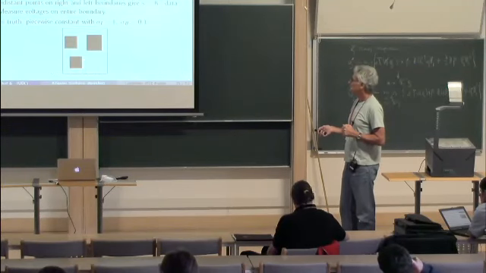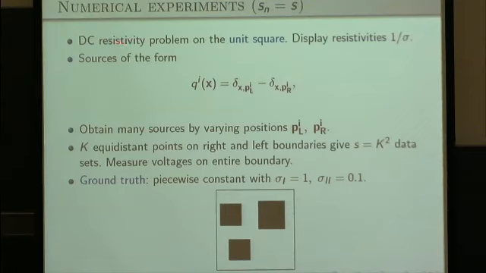So let me show you how it works. This is a DC resistivity problem on the unit square. We have poles on the right and left walls, and the sources are of the dipole form, one from the left, one from the right. If we have, let's say, 3 here and 3 here, then all combinations give us 9 experiments.